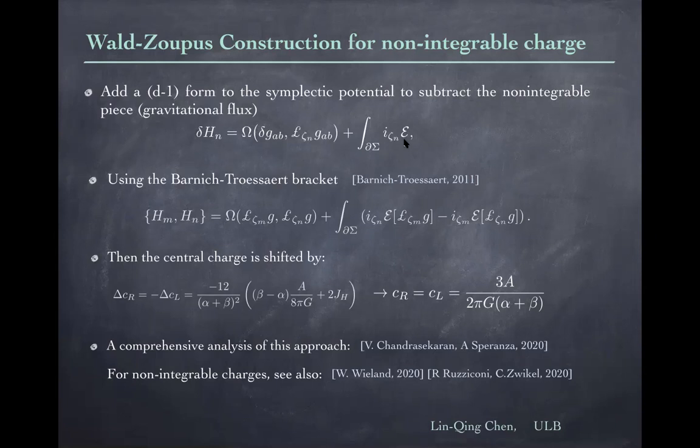And if you fix the flux based on a certain principle, then at the end the central charge is double the answer. So it will get the entropy counting as double that of the integrable case.